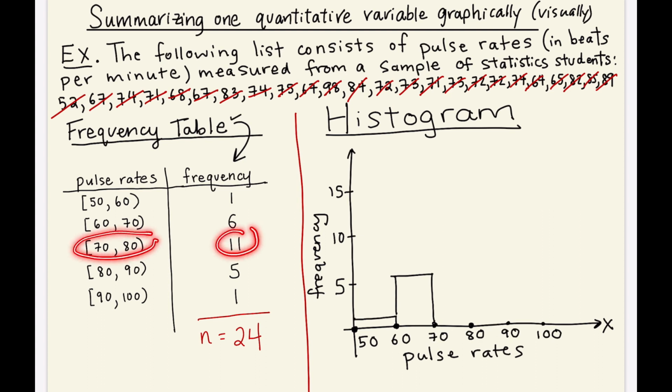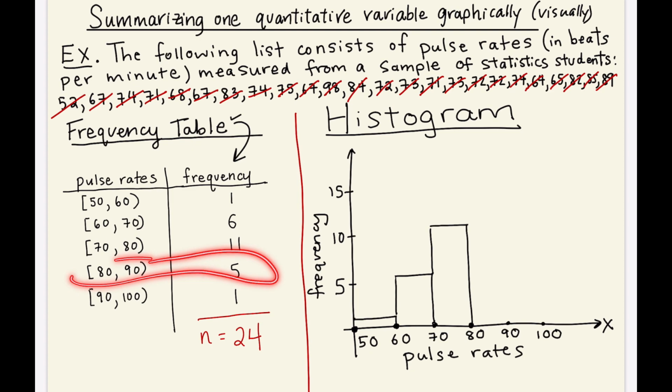There were 11, so that is going to be slightly higher than where 10 is. Now I'm going to move on to the 80s. There were 5 there, so that will be about here. And in my final class, the 90s, we only had 1 pulse, so I'm back over here.